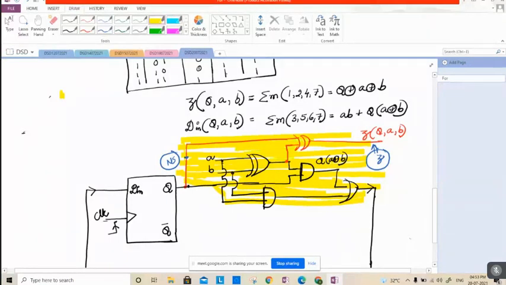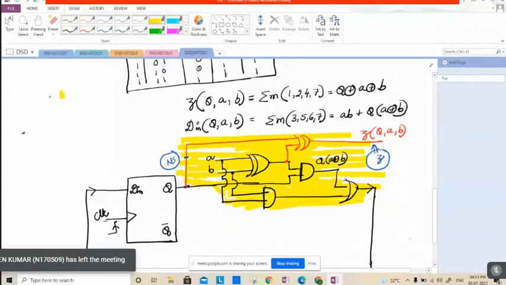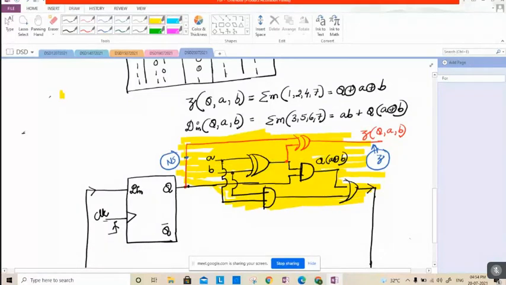Full adder, as Yashwant has said. So this is nothing but a full adder block. I'll try to redraw the circuit by writing it as a full adder block.